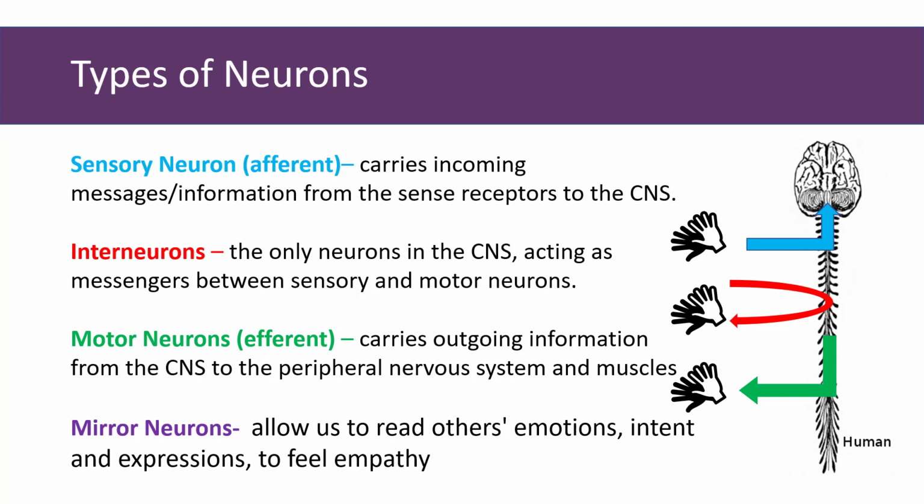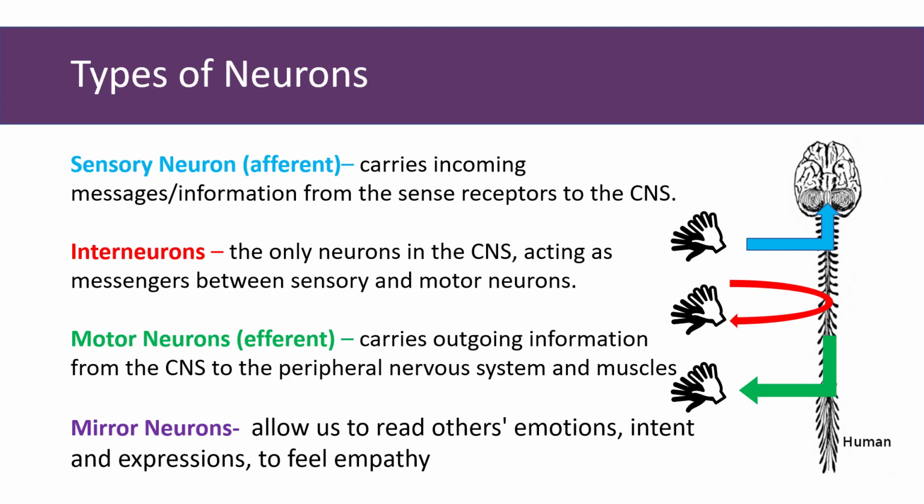And exit starts with an E. Efferent starts with an E. Efferent messages are the ones that leave your body and tell you to go do something. Sensory, incoming, or afferent. Interneurons take that message and communicate it to the brain, to the motor neurons. And then the motor neurons are what tell the body to do something. It's that exiting message.